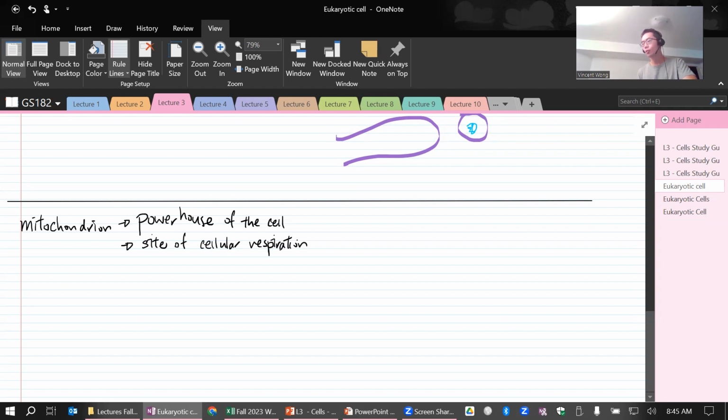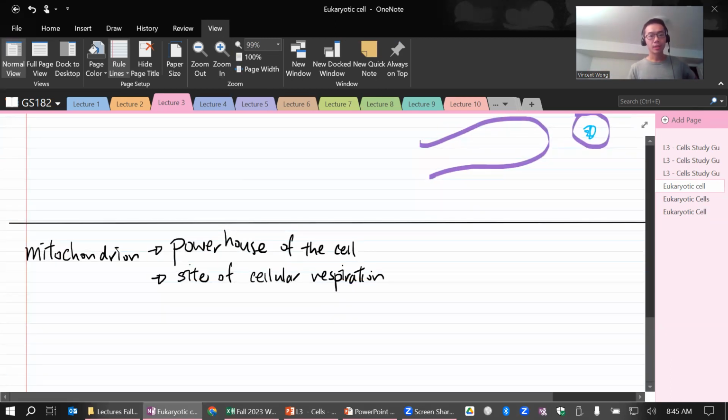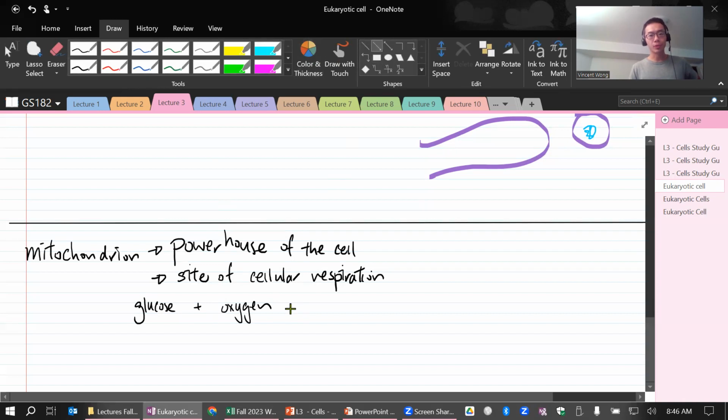Okay. You might remember cellular respiration from lecture 2, when we talked about the function of carbohydrates, right? The cellular respiration equation goes like this. We have glucose, and we react it with oxygen to produce carbon dioxide plus water plus energy.